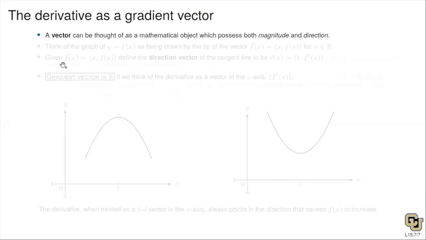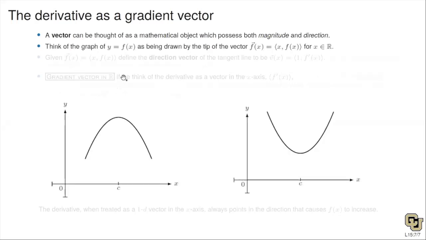So what we're going to do is to first think of the graph of y equal to f of x as being drawn by the tip of the vector x comma f of x. What does that vector look like? Starting at the origin, it's just an arrow that points to that point. Now we're plotting each of the points for x from smallest to largest in the domain, and the tip of the vector, as we plot the points, will draw the curve.